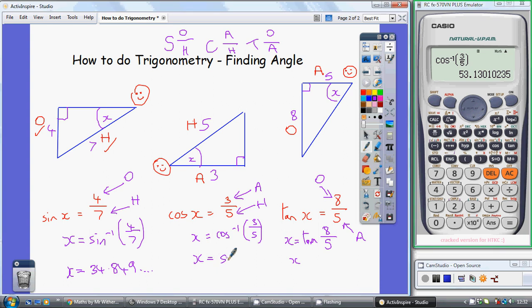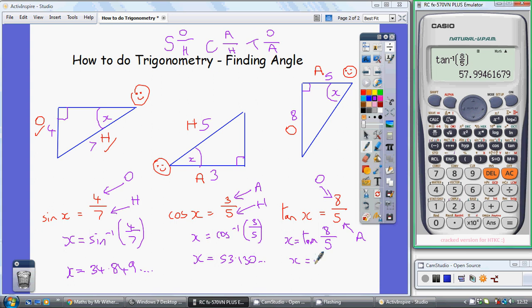And this one here, shift tan, 8 over 5, and that is 57.99. Now the question will ask you for a suitable degree of accuracy.